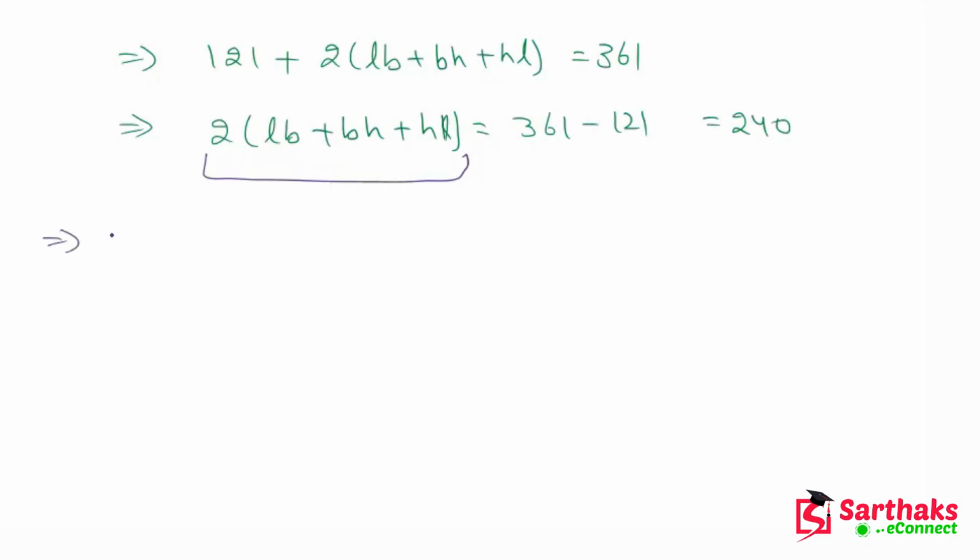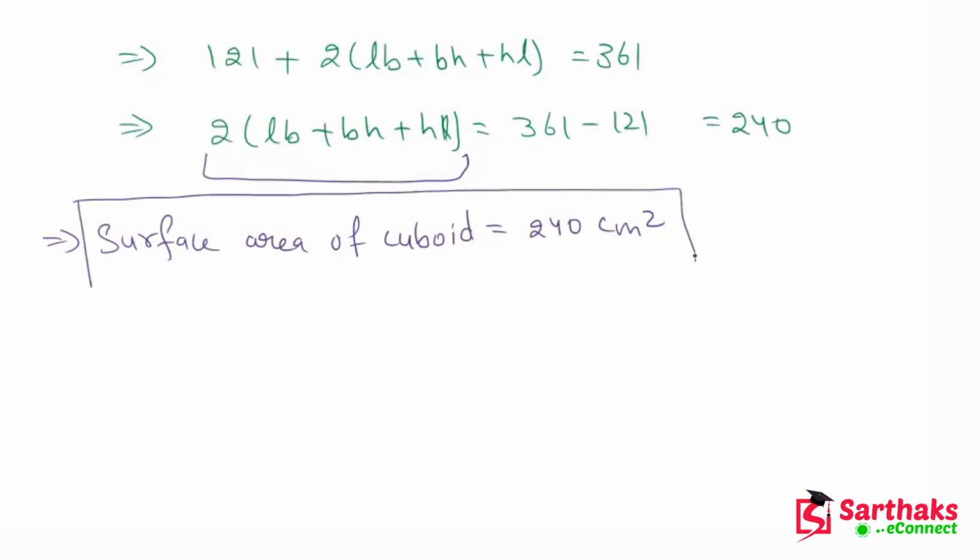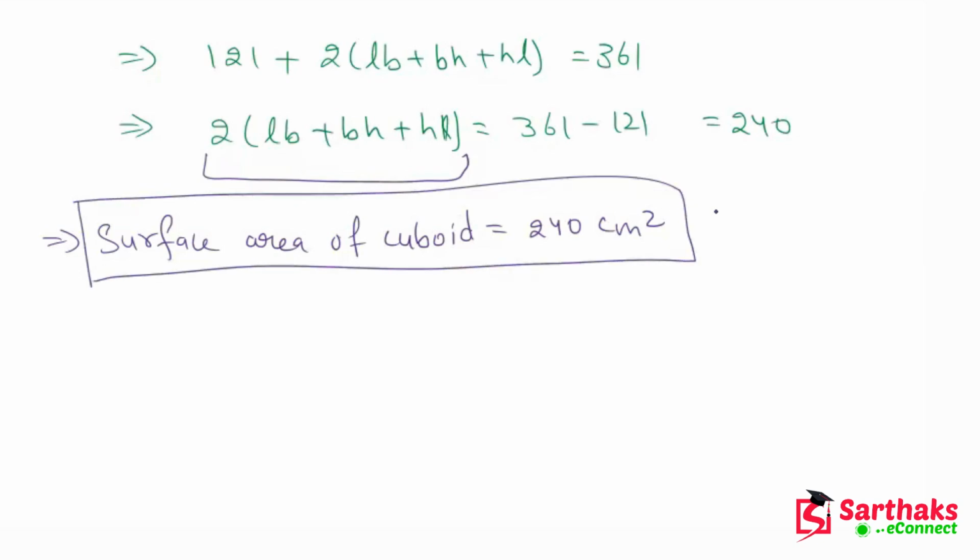So we can say that the surface area of the cuboid is equal to 240 centimeter square. Okay, so this is our required answer. I hope my dear friends you understand these things.